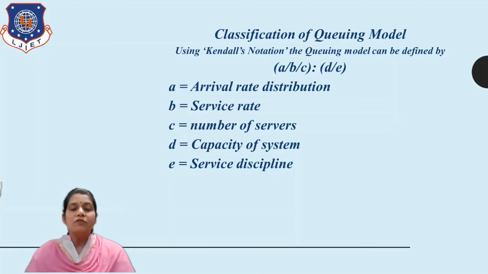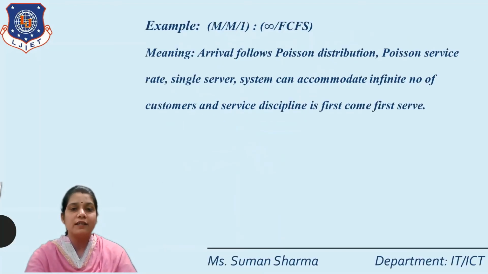That means always keep in mind, in the first place arrival rate, second place service rate, third is the number of servers, fourth in the place of D capacity of system, and E is equal to service discipline. This is very important for Kendall's notation.